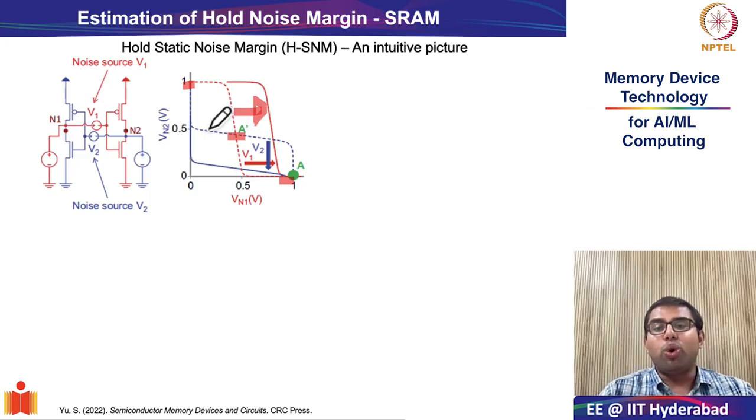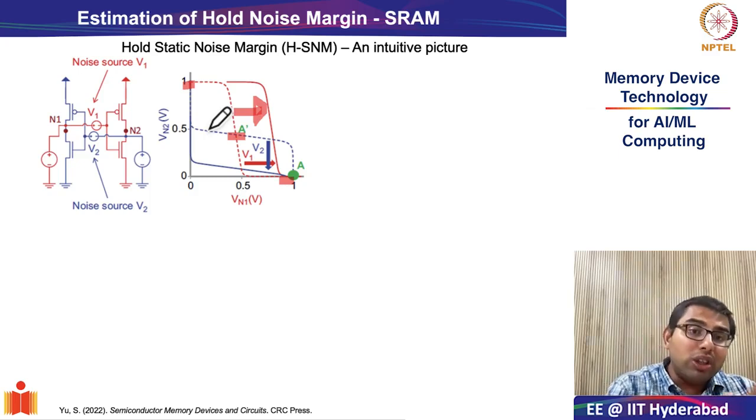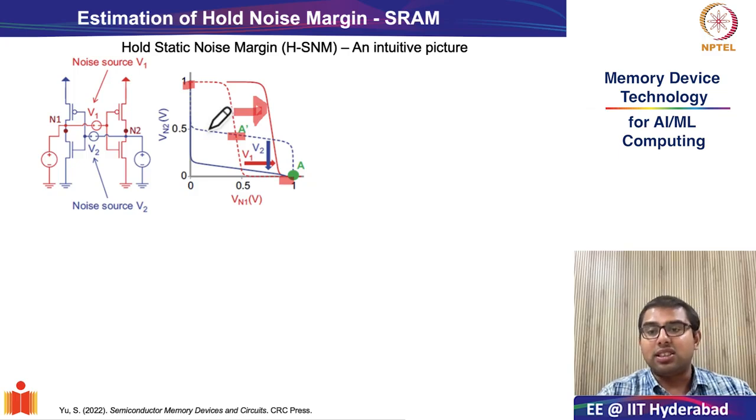Once we do the static noise modeling and use a constant voltage source applied to one of the storage nodes, this effectively shifts both VTC characteristics, and as a result the 3 intersection points get transformed into just 2 intersection points.